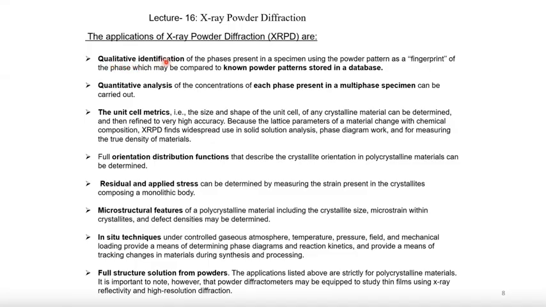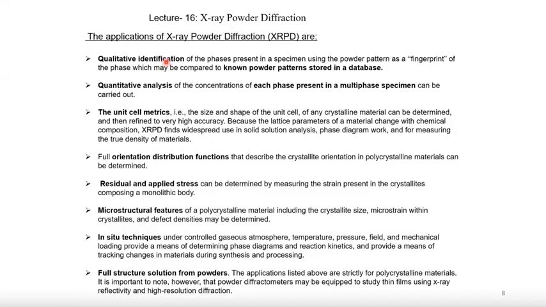Qualitative identification. We can analyze phases qualitatively. For example, I can explain it a little bit. I have a sample. I just take a powder pattern and match it with the already available PDF file, and then see what kind of material it is.